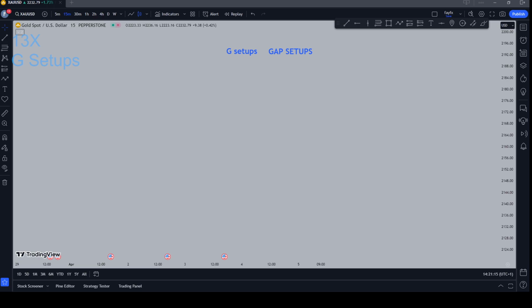The first thing we learned is the levels we use. We have four levels.